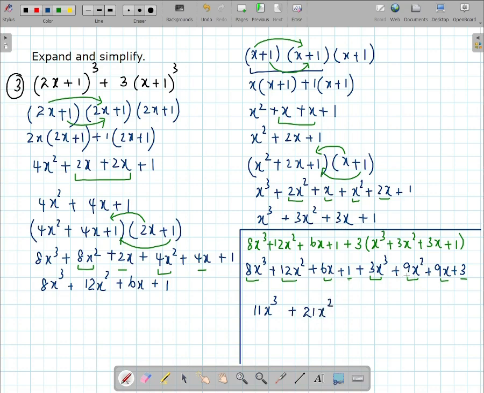Then 6x add 9x, that is 15x. 1 plus 3, that is plus 4. So the final answer is 11x to the power 3 plus 21x to the power 2 plus 15x plus 4.